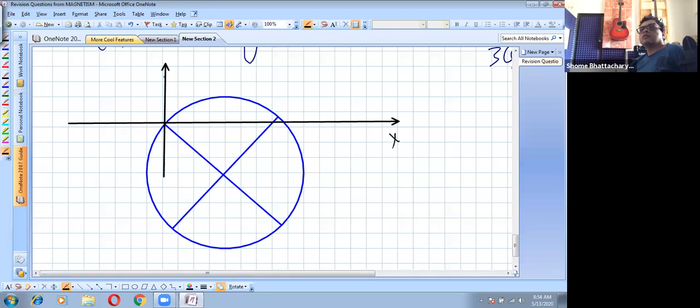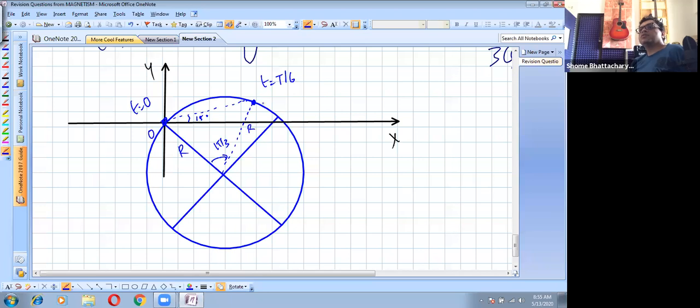So this is where the motion started from at t equal to 0. It will be somewhere here. So this is pi by 3 at t equal to T by 6. Okay, so now it is about finding this one. You can see that this angle would be 15 degrees.